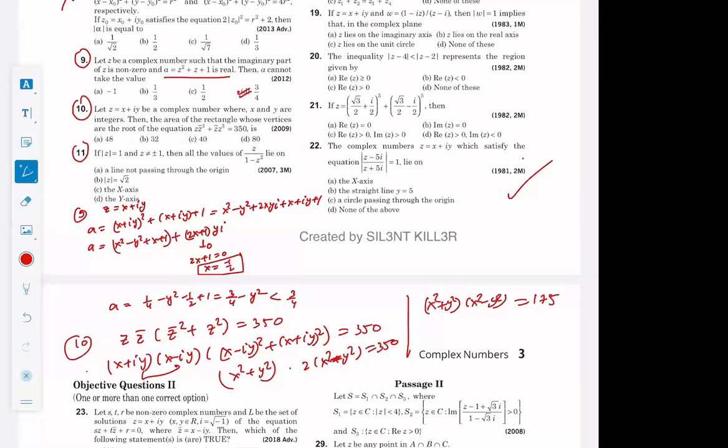So now you can break 175 into a product of two numbers. So you can say 25 into 7. x square plus y square will be 25 and x square minus y square will be 7. If you solve these, you can get the values.